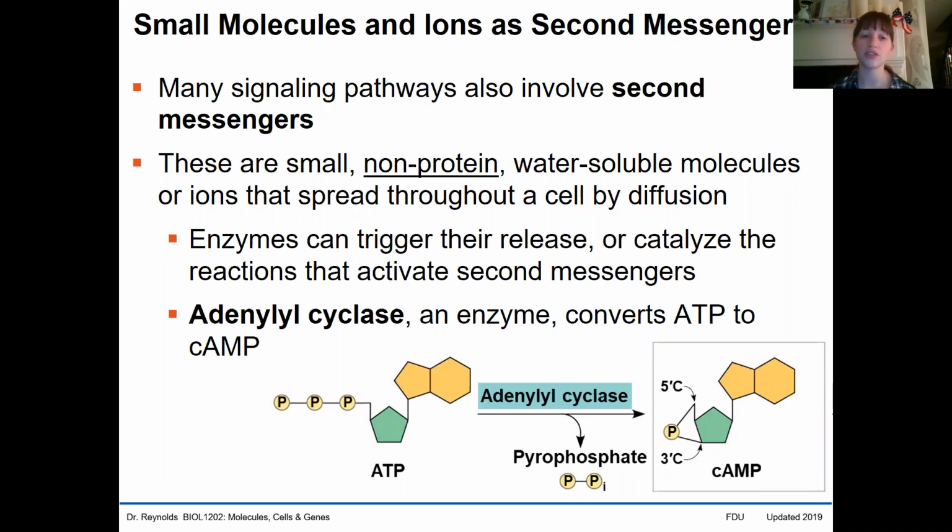Now, adenylyl cyclase is an example of an enzyme capable of creating one of these second messengers. It actually converts ATP into a small molecule known as cyclic AMP or cAMP. This is an example of a very common second messenger, and you're going to see an example of that in some of the processes we are going to look at.